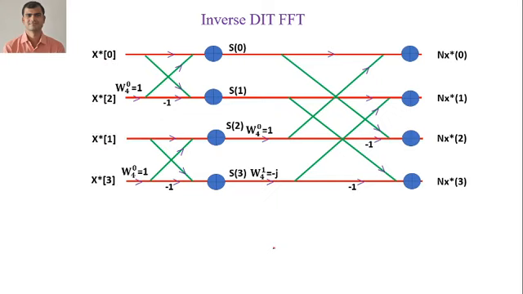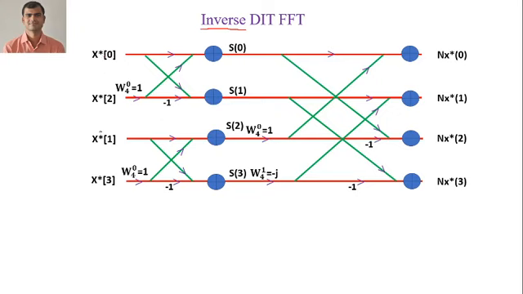So I am showing this stage output and the twiddle factor exponents. Now see here, the input sequence is in bit reversal order, but for inverse DIT we have to take the conjugate of this sequence. So x of 0 conjugate, we need to take x of 2 conjugate.